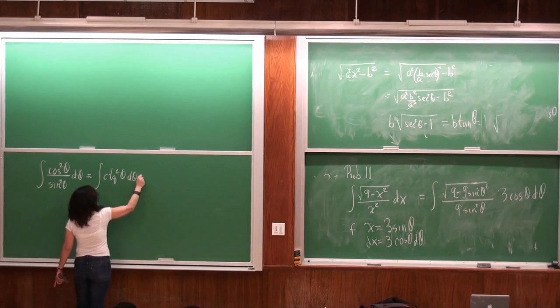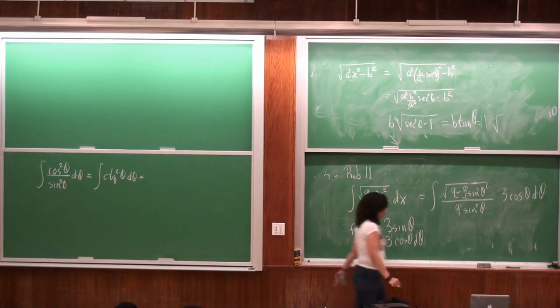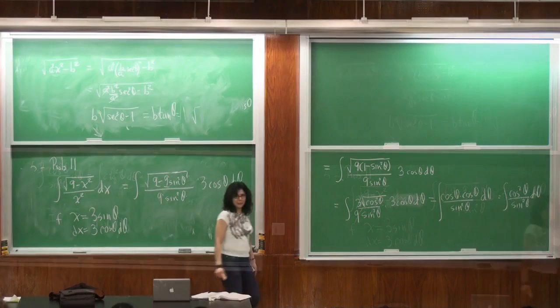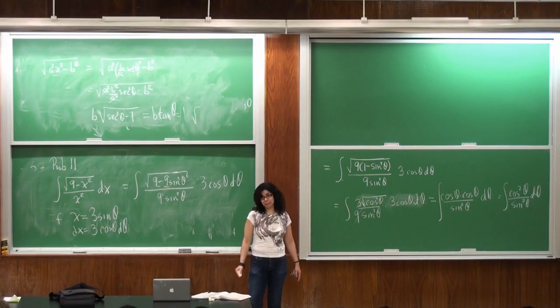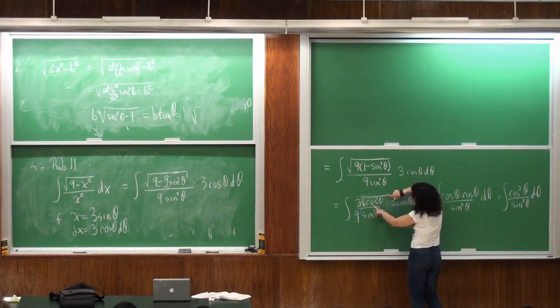And then the square root kills cosine square of theta. Because you have a square root of cosine square of theta, so when you take the square root, you have a square, these cancel each other.